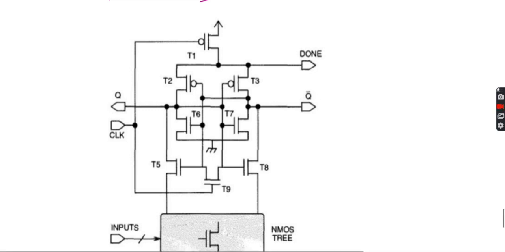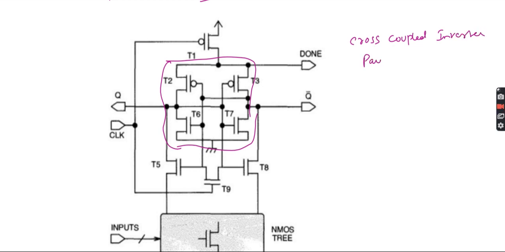What are the changes you can see now? Again, we have the inverter pair, the cross-coupled inverter pair, which are T2, T3, T6, T7.